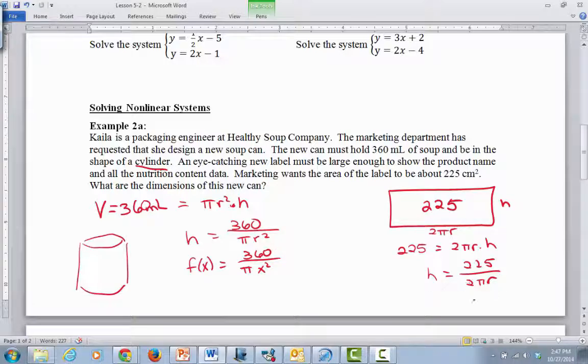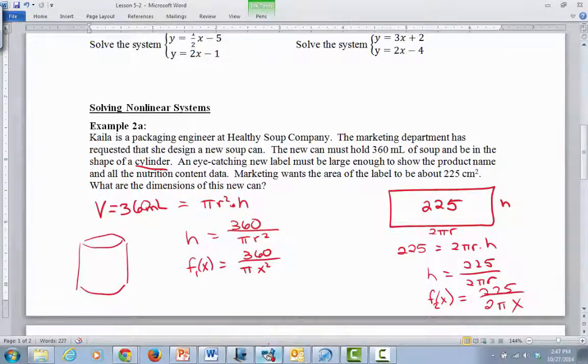And what do you think this one's going to be? I'm going to still say f of x again. This will be the second one though, right? This is the first one. 225 over what? Yep, 2 pi x. Right? So here's what we're going to do.